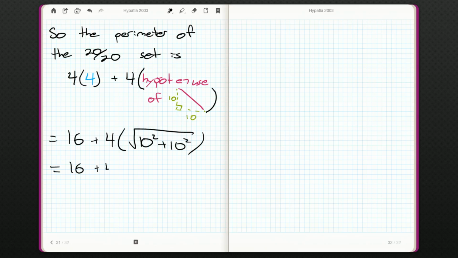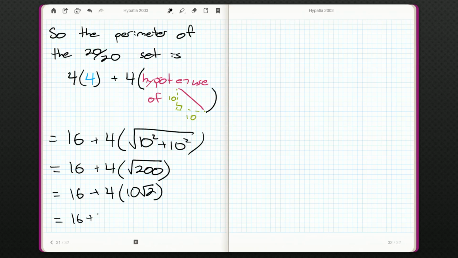And we get 16 plus 4 times the square root of 100 plus 100, that's 200. Okay. So that's 16 plus, we can take out a factor of 100 here. We have 4 times 10 root 2.